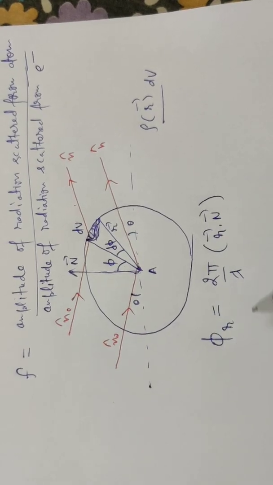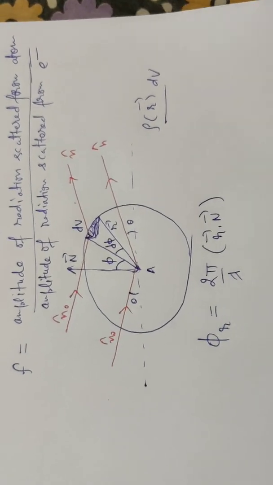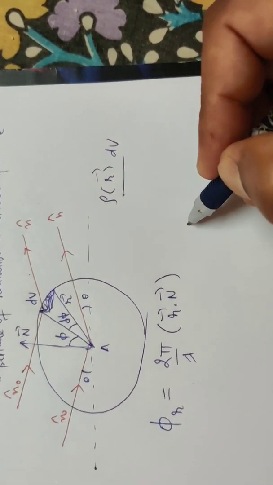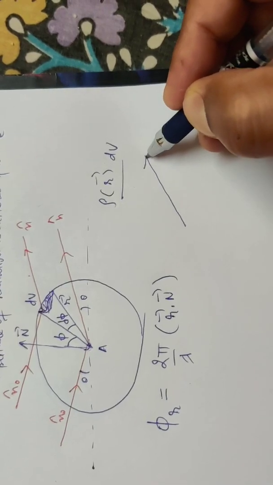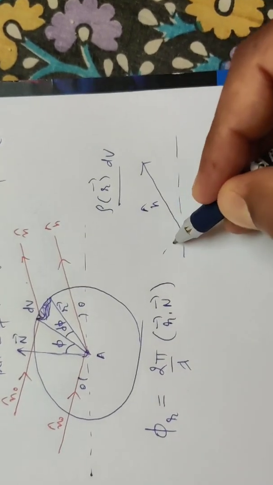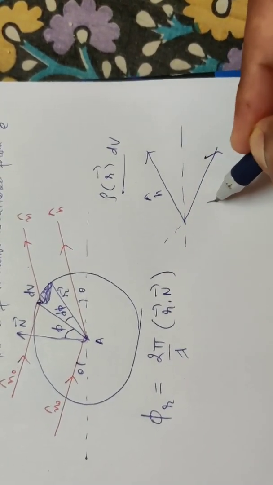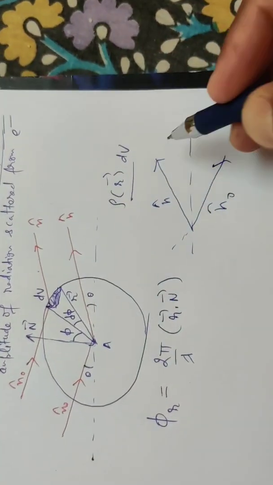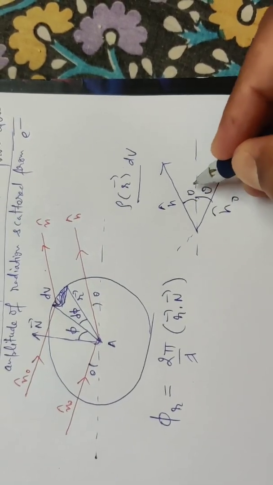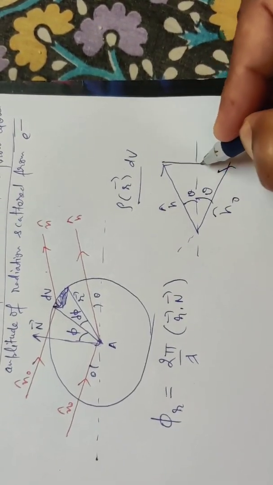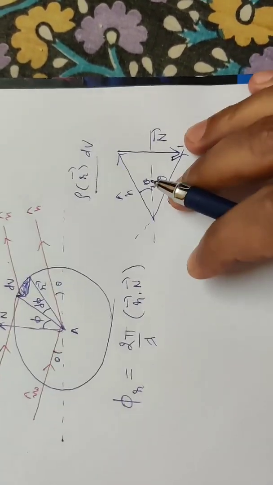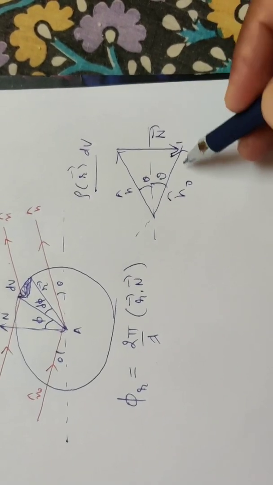This is evaluated by using Laue's equation. You can draw this direction of the scattered wave, this is the reflecting plane, and this is the incident wave with unit vector n naught. This angle will be theta, this will be theta, this will be theta. Now using the vector diagram you can find the value of n.